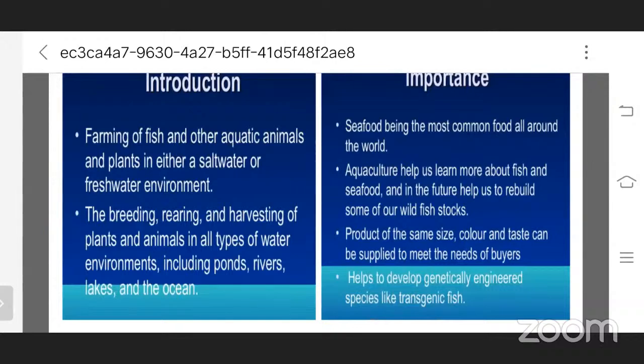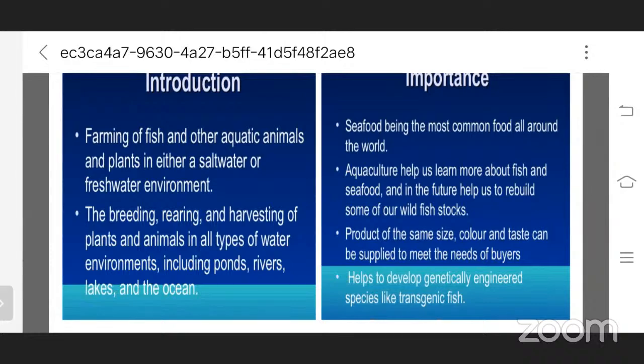Lotic means flowing water, and when we discuss reservoirs of water, which are stable places where the water is still, that is the lentic aquatic system. These two systems are aquatic environments only. So the water environments we use for this are known as aquaculture.